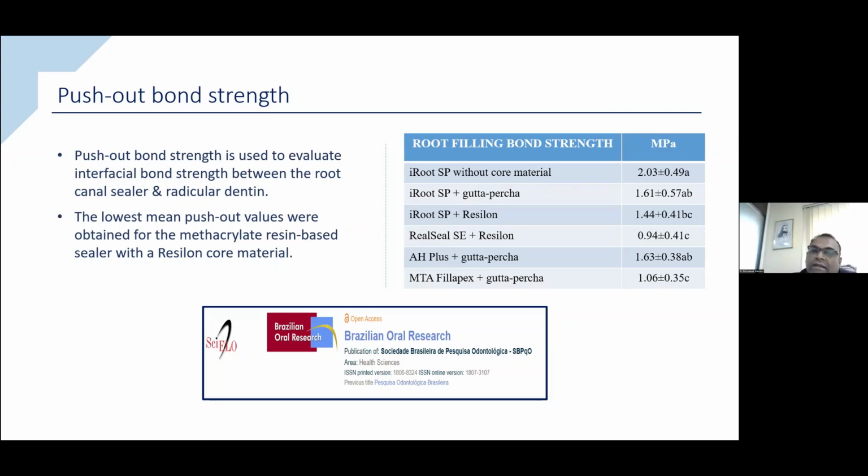If you see the table, the highest push-out bond strength is seen for iRoot SP without a core material, which is 2.03 MPa, while the lowest mean push-out value was obtained by methacrylate resin sealer with a resin core material, that was 0.94.